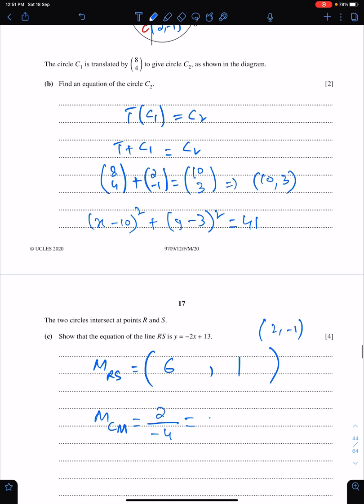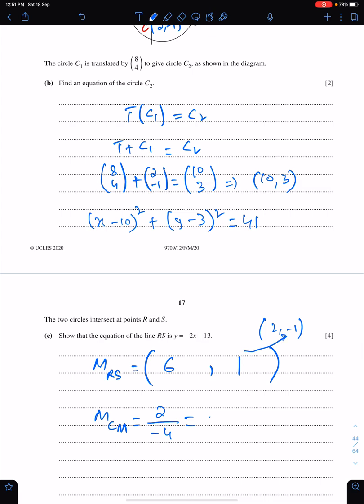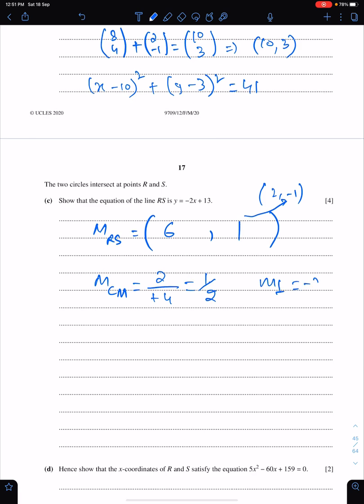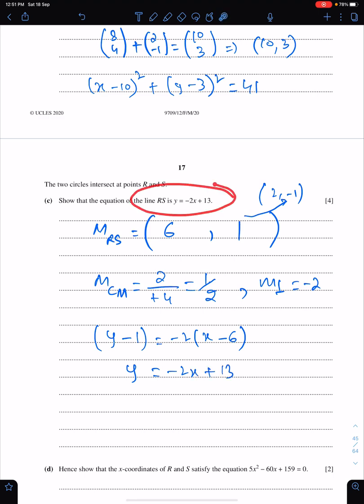Let me check this again. 1 plus 1, 2 and 6 minus 2, 4. So it should be 1 upon 2. So the gradient of the perpendicular line must be -2. So the equation will be y - 1 = -2(x - 6). So the final equation should be y = -2x + 13. So this is the way to get the equation of line RS.